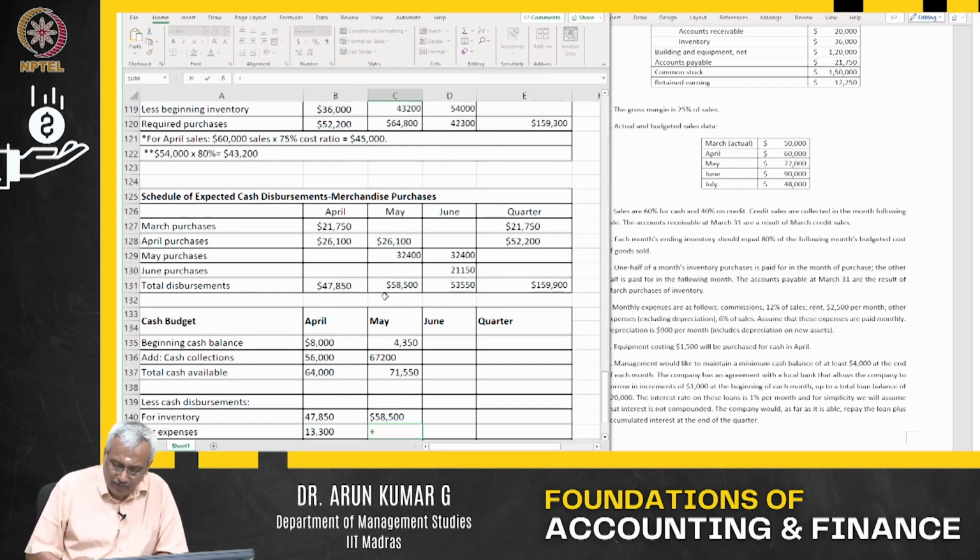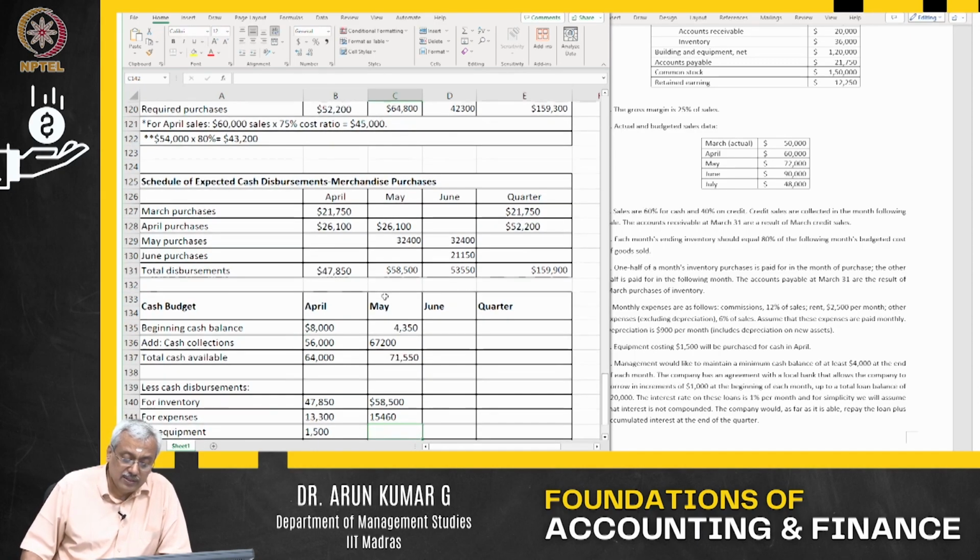How much am I paying for my expenditure? Let us look at the sales. 72,000 is the sales, into 0.12 because 12% is for commission, plus 2,500 for rent, plus 72,000 into 0.06, that is for other expenditure. No depreciation. So, this is the amount you will have.